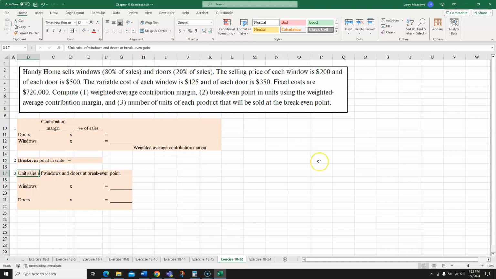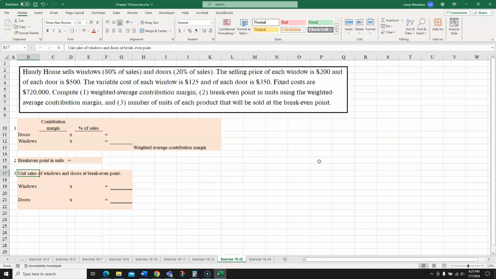So however much I sell in units, 80% of it will be window sales. The remaining 20% of my sales will come from selling doors. The selling price of each window is $200, and each door is $500. The variable cost for each window is $125, and each door, $350. Fixed costs are $720,000.